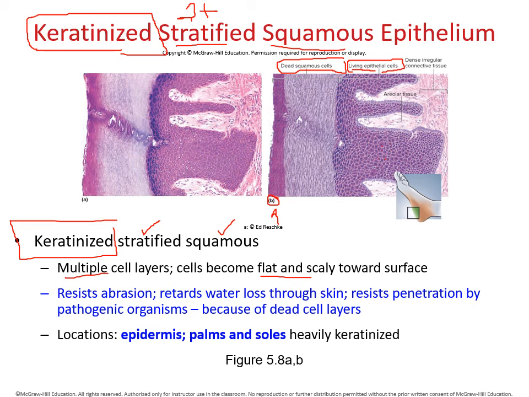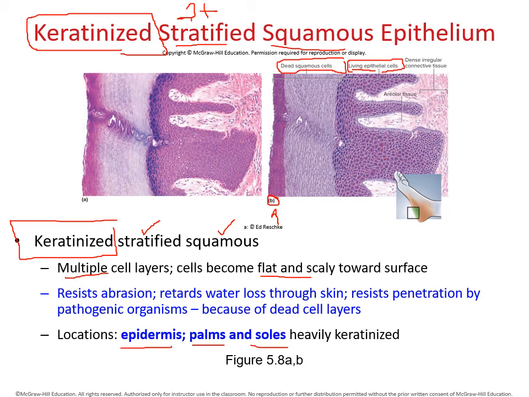For now, we want to know that keratinized, stratified squamous epithelium can be found in the epidermis, which is the deeper layer of the skin, and in the palms and the soles. So these are excellent areas where you want to resist abrasion. For instance, the soles, because obviously that's what's touching the floor and any type of bottom surface.